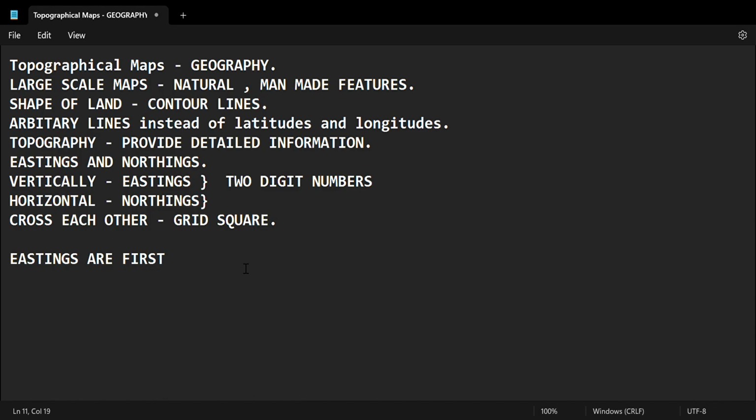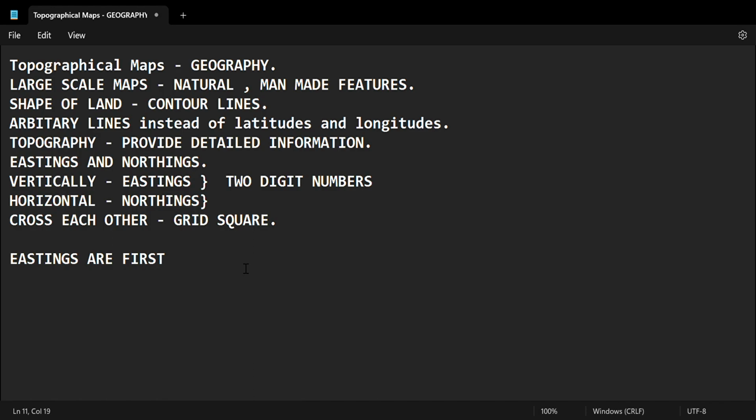Now several methods are used to depict the physical features on a topo sheet. There are contour lines. The difference in height between two adjacent contour lines is the contour interval. It is also known as the vertical interval.